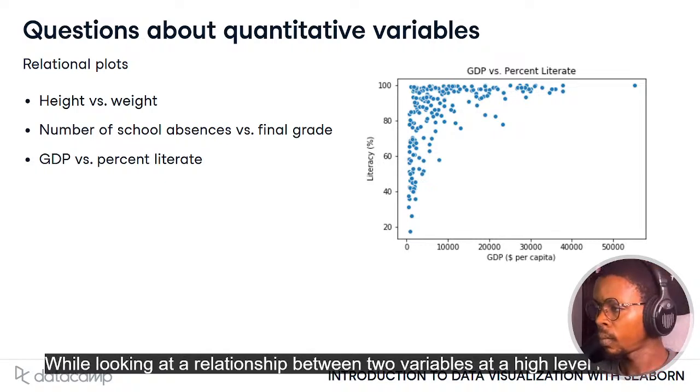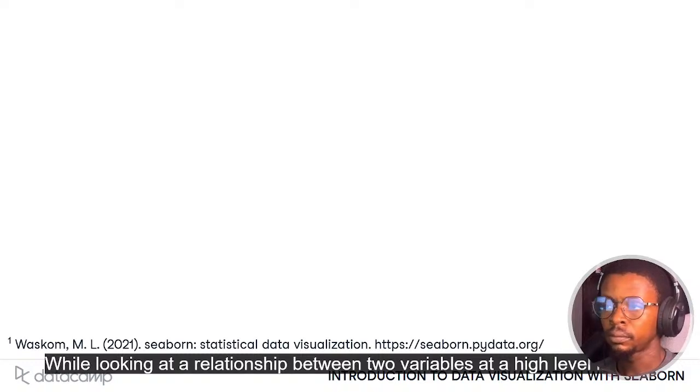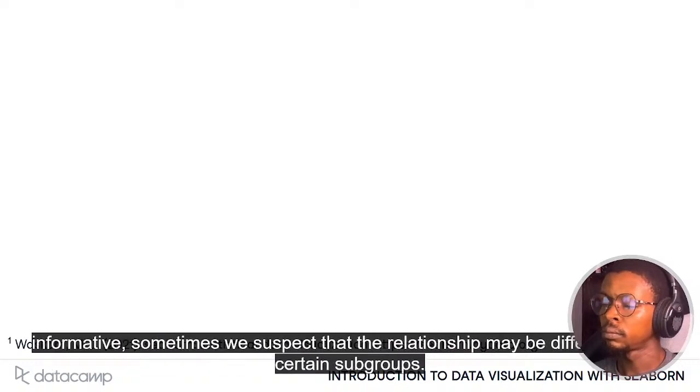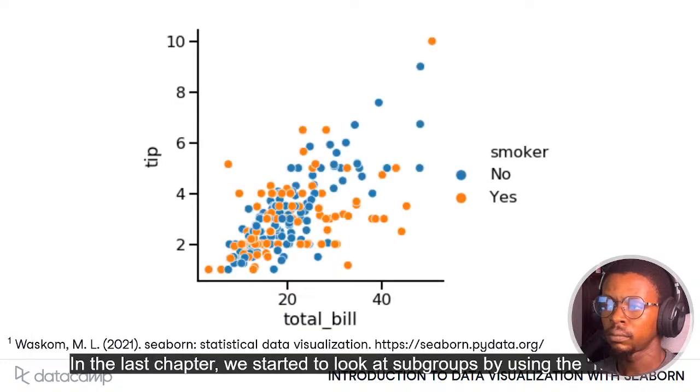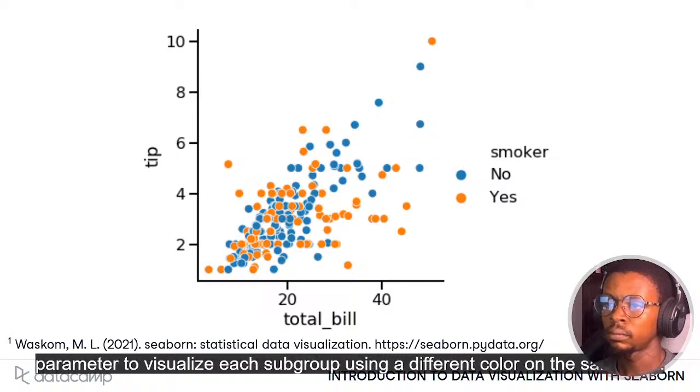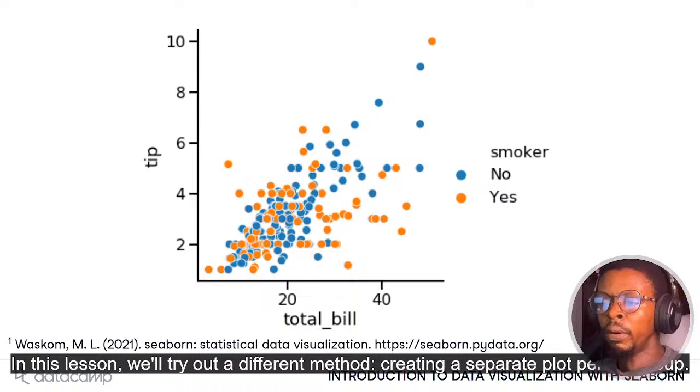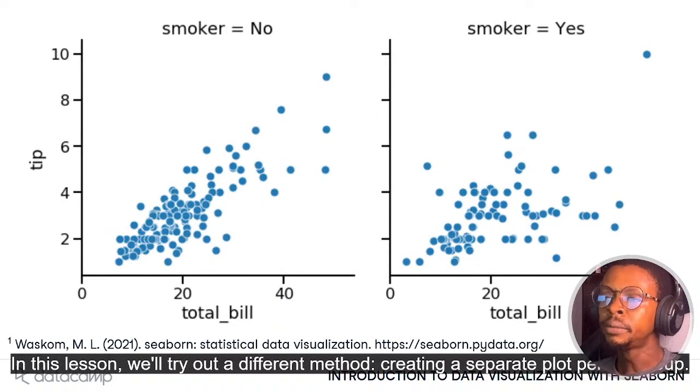While looking at a relationship between two variables at a high level is often informative, sometimes we suspect that the relationship may be different within certain subgroups. In the last chapter, we started to look at subgroups by using the hue parameter to visualize each subgroup using a different color on the same plot. In this lesson, we'll try out a different method, creating a separate plot per subgroup.